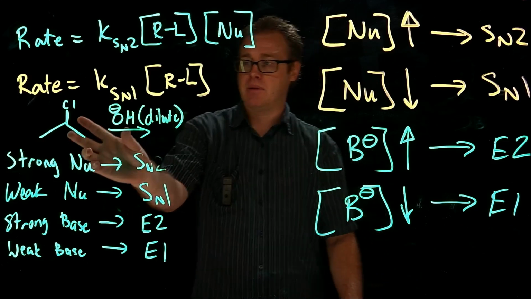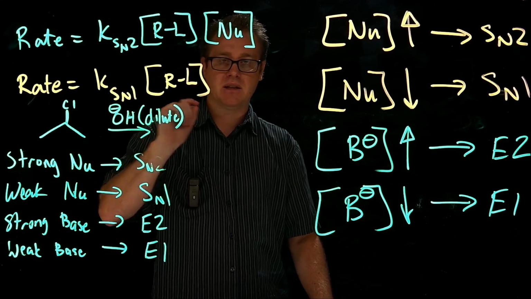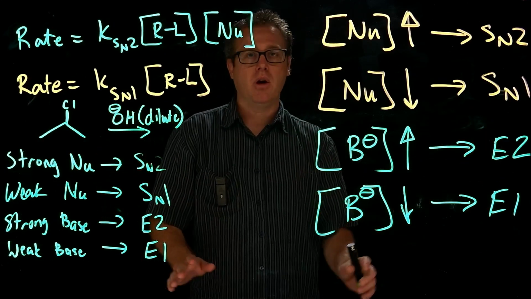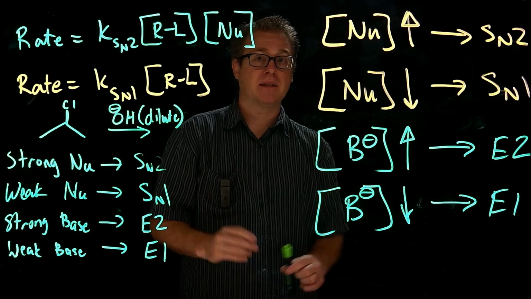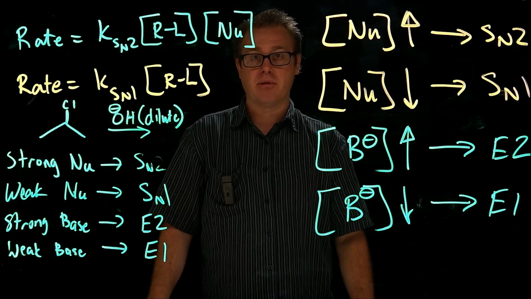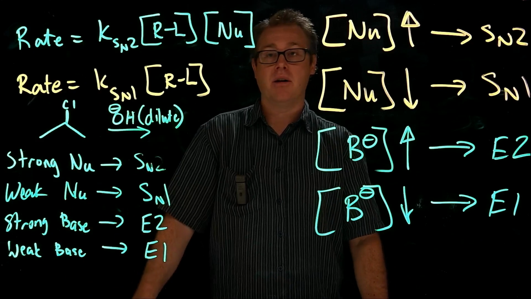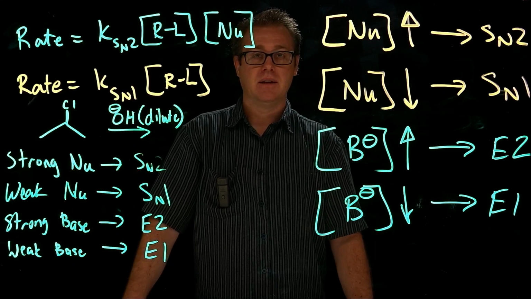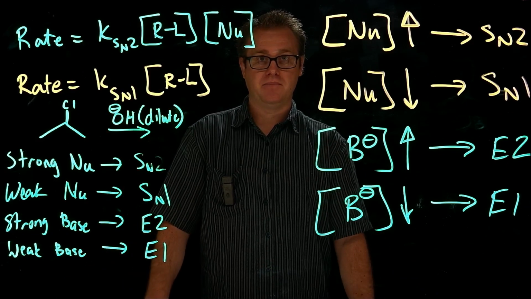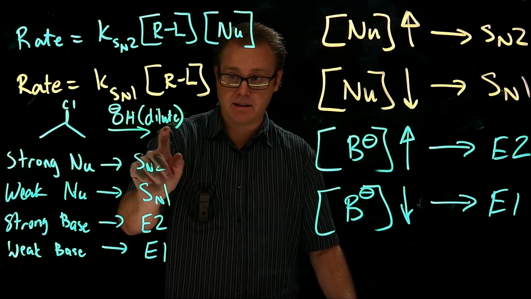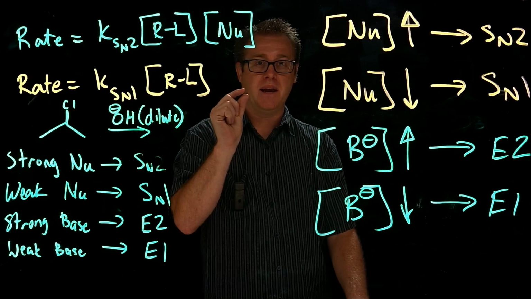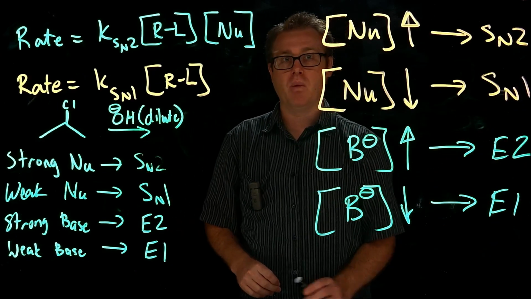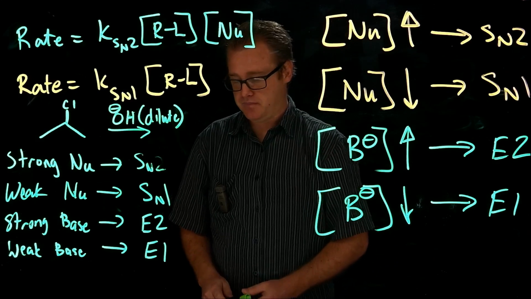I cannot look at this reaction and say, oh, it has a dilute attacking species, so it's either SN1 or E1. No, I can't make that judgment call because I'm ignoring all the other principles that I had listed on the board. So we have to look at all of the principles and come to a conclusion. But this right here, that dilute, is one bit of information that suggests that the reaction should be SN1 or E1 because it's dilute.